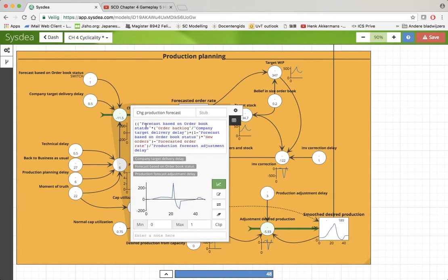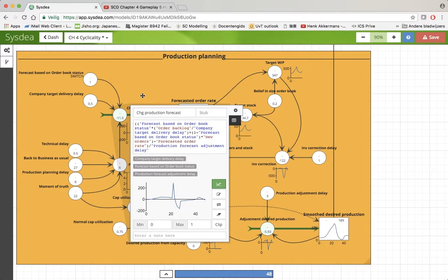For instance, if we have the switch forecast based on order book status active, then you look at order backlog, and the new orders are ignored.